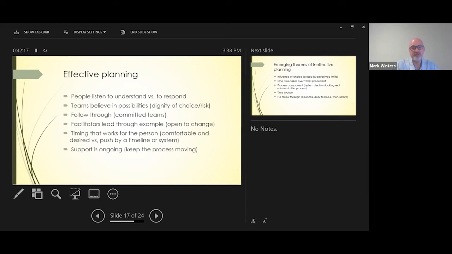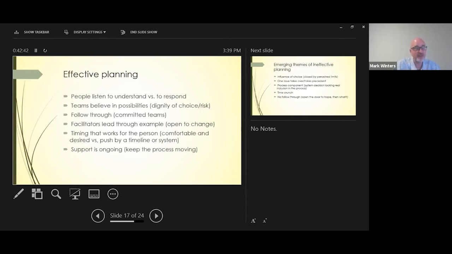There's follow through. Effective planning has follow through. Committed teams follow through on the things that they are set to task in doing. Facilitators lead through example by helping people to understand that we are open to change and that we are open to those conversations. Planning happens at a time that works for the person.